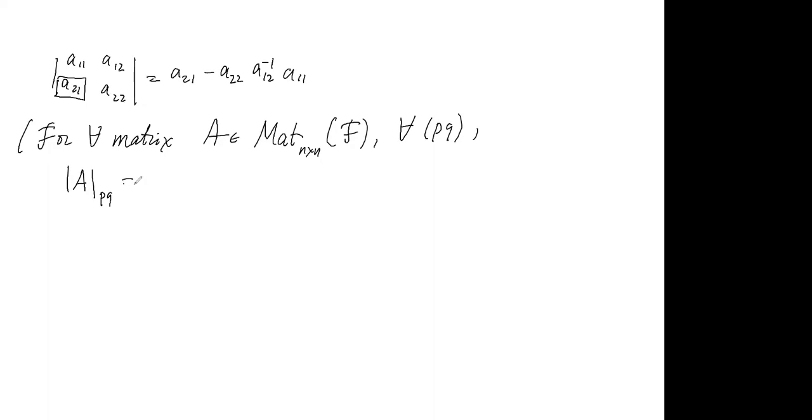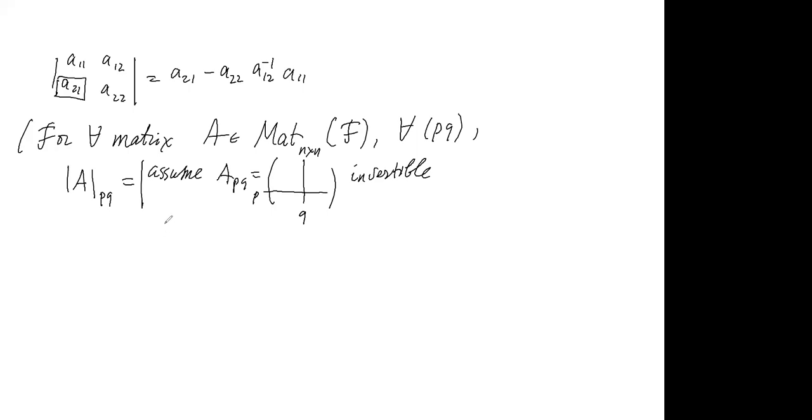And this can be done under the assumption that the submatrix A^PQ, which is given by deleting the pth row and qth column from the matrix A, is invertible. We also take the following notation.